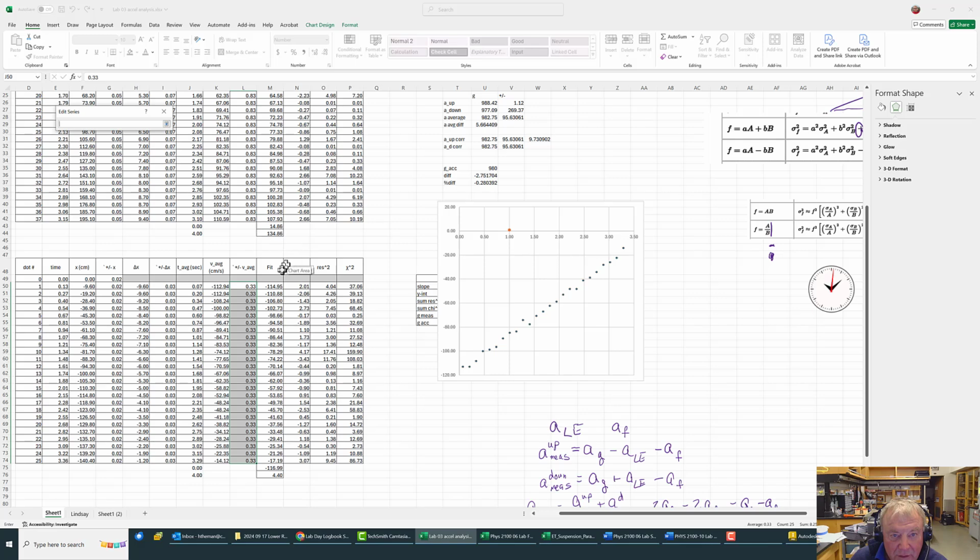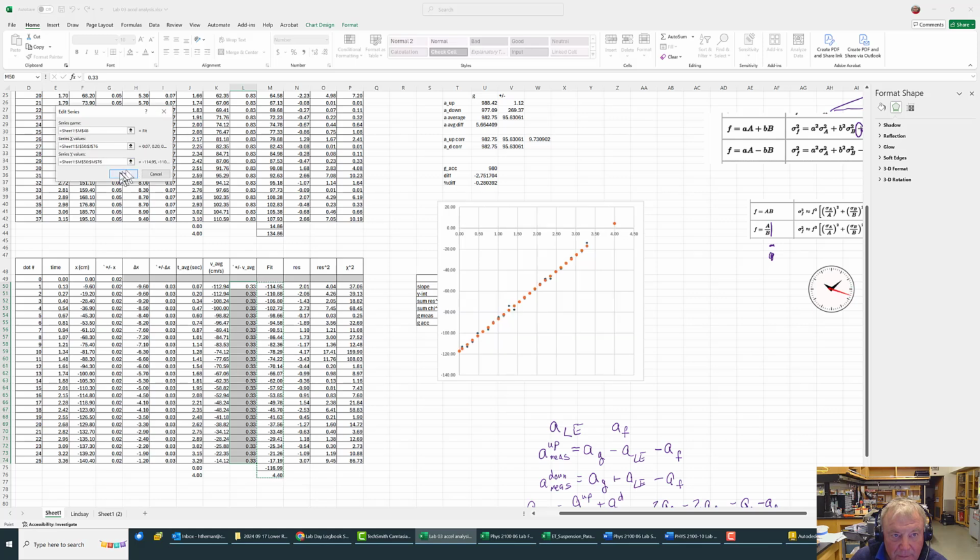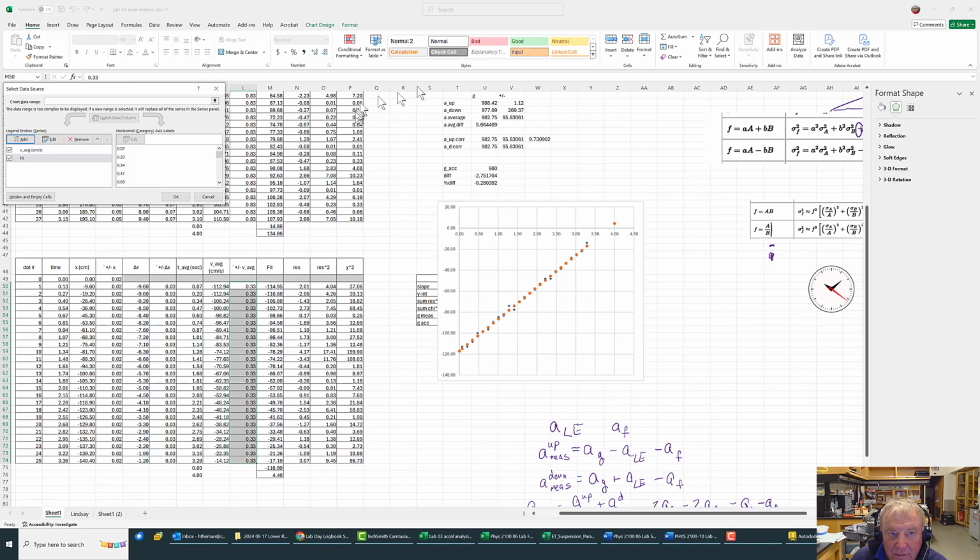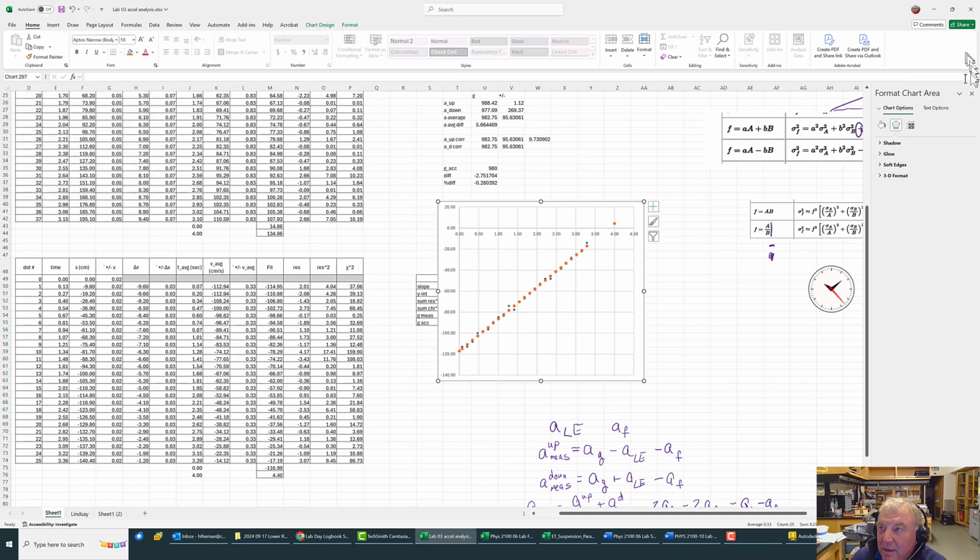which is getting tedious. But now you see I've added these two extras, and that just allows the fit line to extend. I think I've put it in there, but in the previous video. And now I say okay, and then I'm going to format the fit line, and that's the paint can.